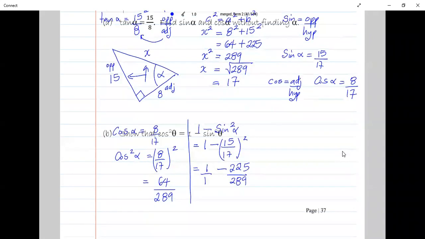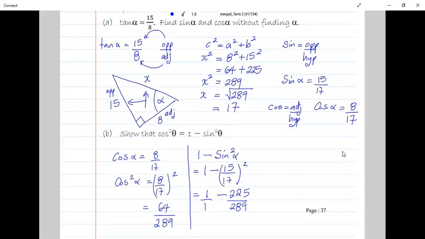If I'm adding or subtracting fractions and the denominators are different, I must find the LCM, which is 289. 1 into 289 is 289. 289 times 1 is 289.